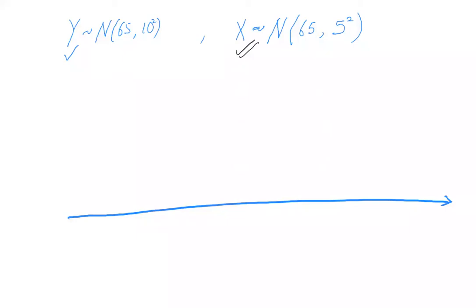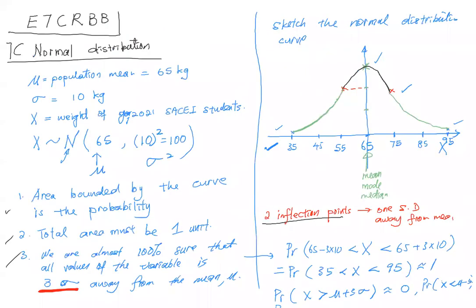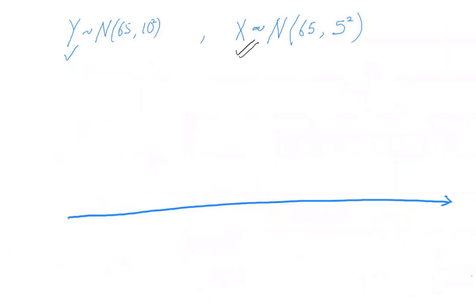Because we know from the very beginning, correct? The total area must be how many units? 1 unit. And we said that standard deviation shows the spread, am I right? Correct. So if I give you two rectangles, one is wider, but they have the same area, the wider one must be shorter. So we always draw the taller one.